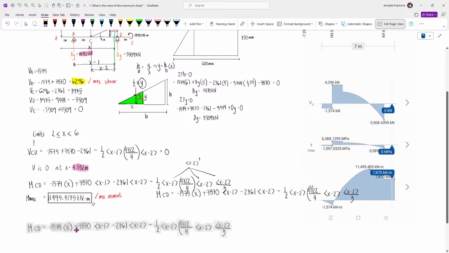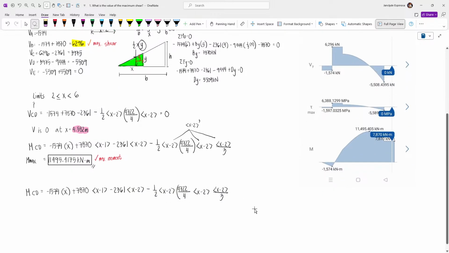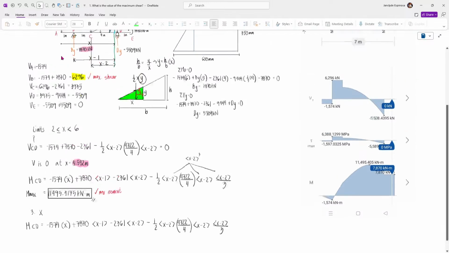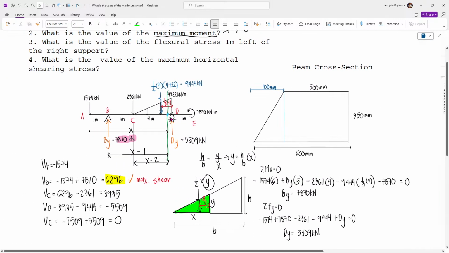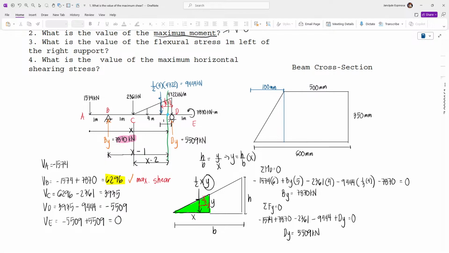Now, for number 3, our x value is, again, 1 meter left of the right support. This is the right support, so 1 meter to its left is this point. How much is this distance?